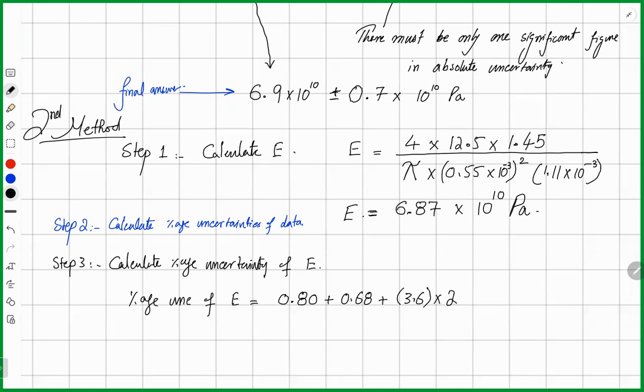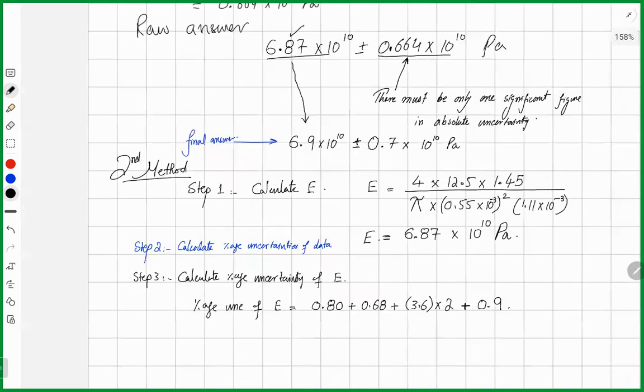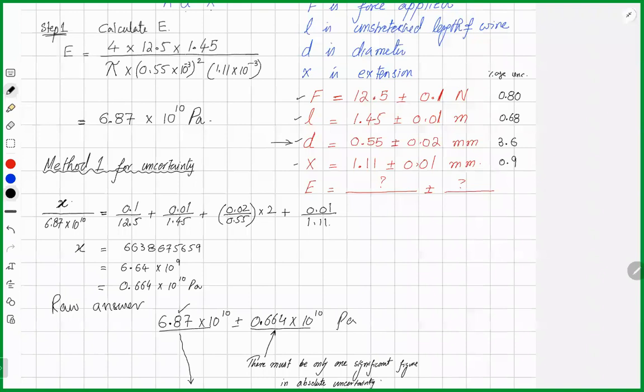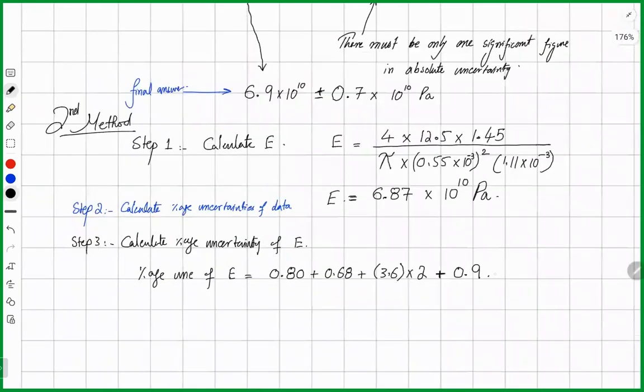Why am I multiplying by 2? Because there is a square on D, plus 0.9. Let me check if I got the values right. 0.8, 0.68, 3.6, and 0.9. So what will be the sum of these numbers? 9.58.